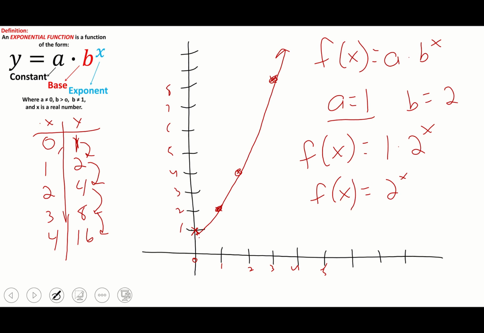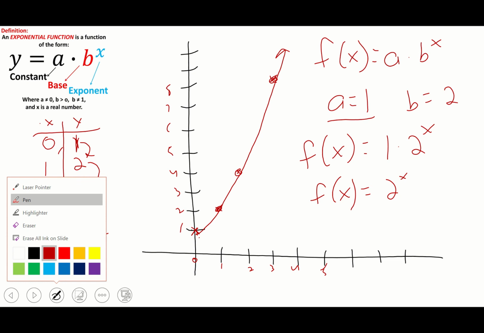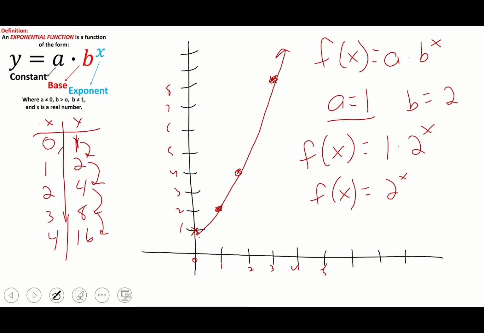Now, I want to keep this little chart here and show you something as far as the f of x goes. So let's go yellow. I'm going to circle this one. Why am I circling this one? Well, what is the x value right there? It's 2. So I would say that your function of 2 is equal to 4.